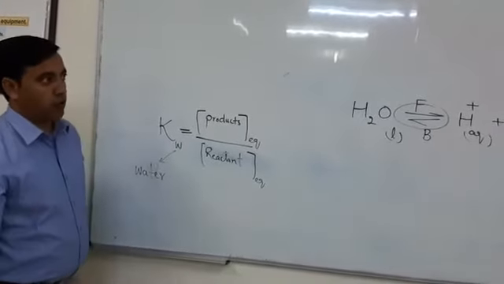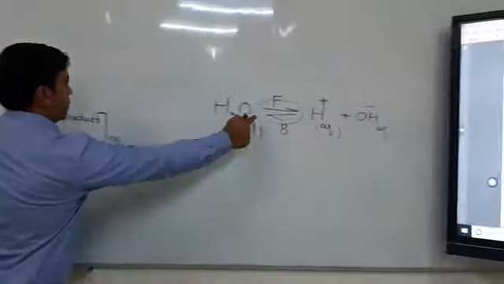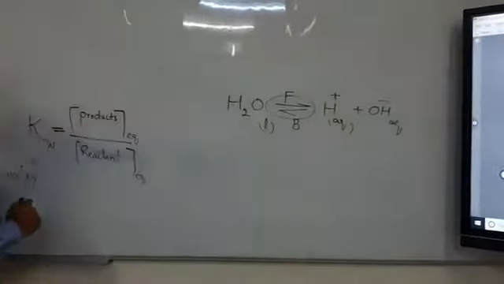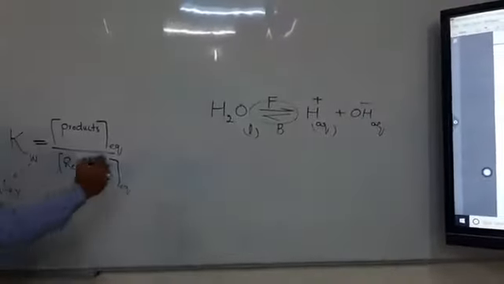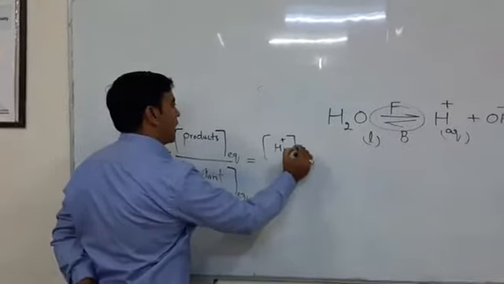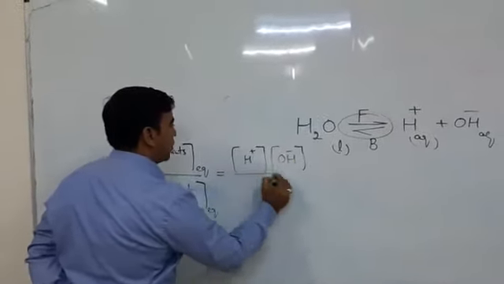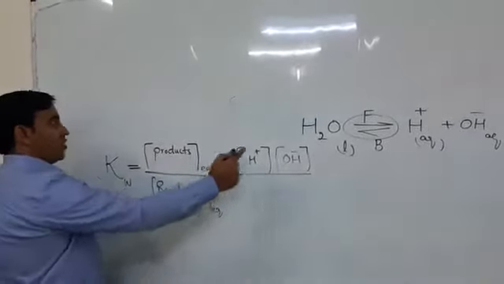Kw is known as the ionic product of water. Now, by using this equation, we are going to write product over reactant. So here hydrogen ion H plus, and then we have hydroxide ion OH minus, over the water.